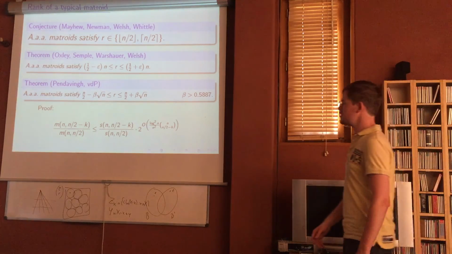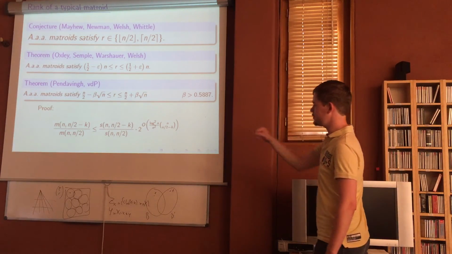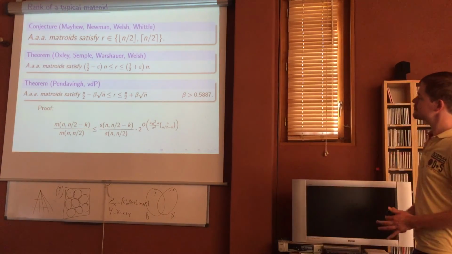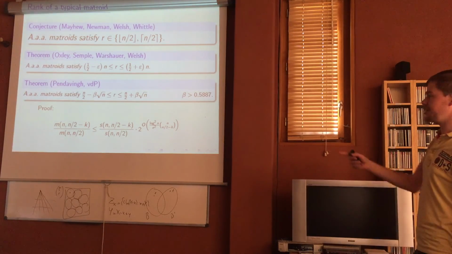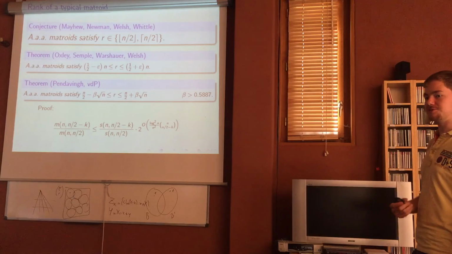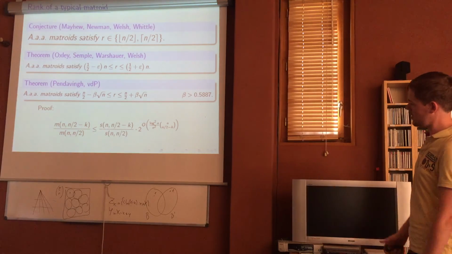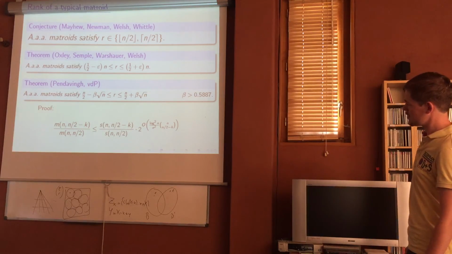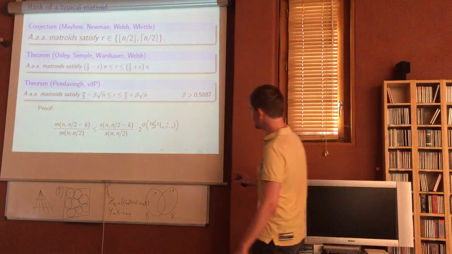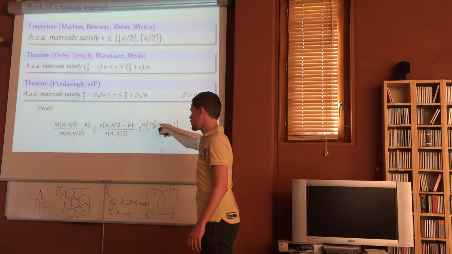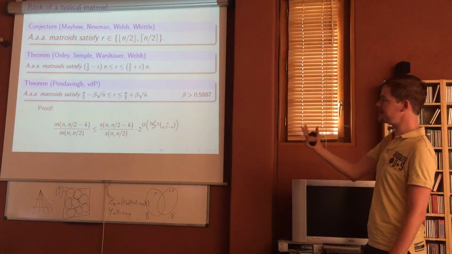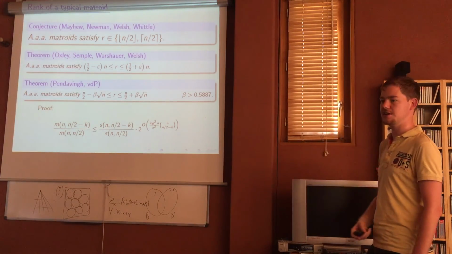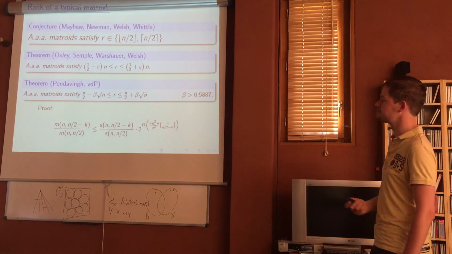So yes, it would be very nice to improve this further, particularly if we can improve this log squared to something that is much smaller, it would immediately translate to better balance on the rank of almost all matroids.